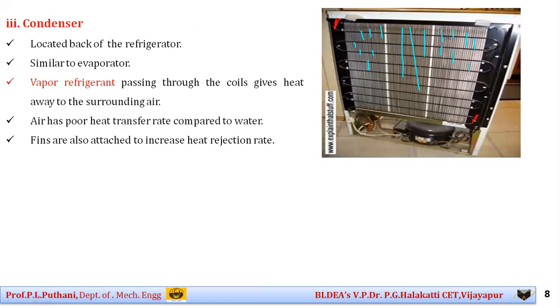The purpose of these fins is that the heat transfer rate has to be higher. And you already know that if you keep a hot material, like a hot iron bar, in an open environment, and the same hot material in water itself, the temperature drop in water takes place at a higher rate when compared to air.